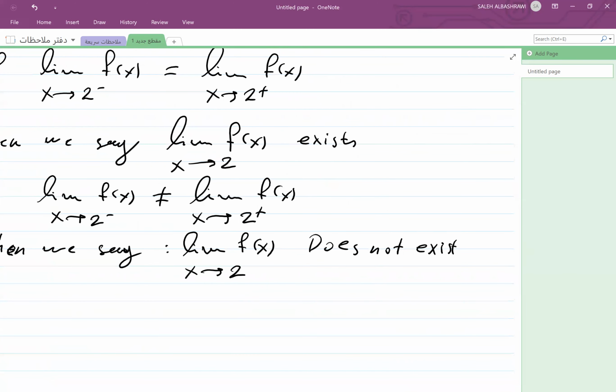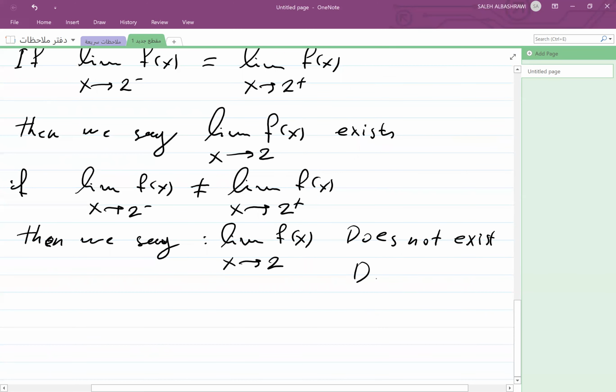And this will be used as a short form, we say DNE. It means does not exist. So the limit does not exist. If the limit from the left is not equal to the limit from the right, we say that the limit does not exist. And I'm going to explain this in more detail with different examples later on. But before that, let me write some theorems, then I'm going to solve some examples.